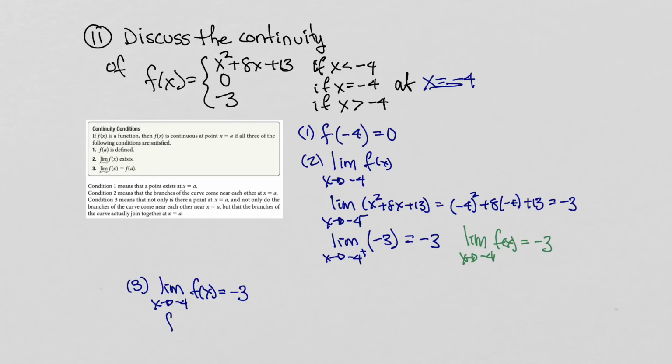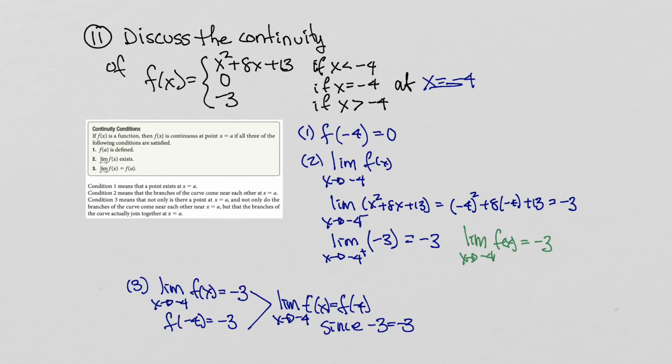And also, we know that f(-4) is equal to -3. Because these two are equal, the limit as x approaches -4 of f(x) is equal to f(-4). And that's true since -3 equals -3. We will say that condition 3 is satisfied.